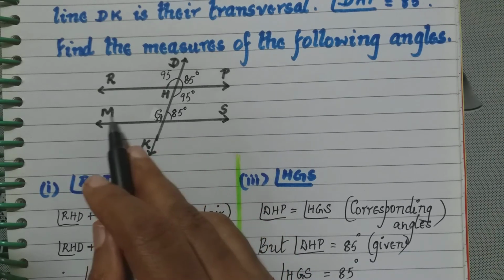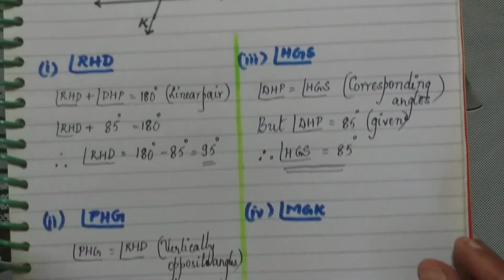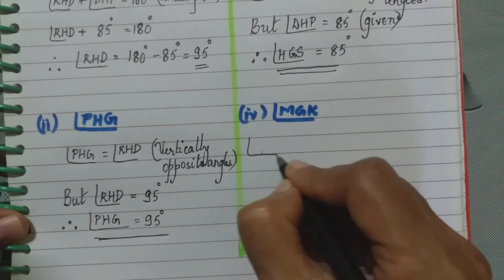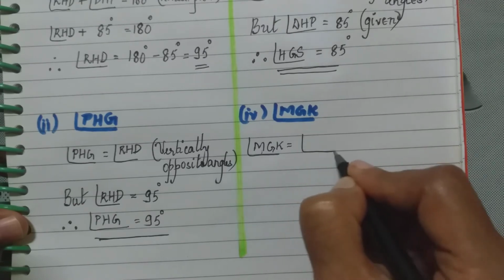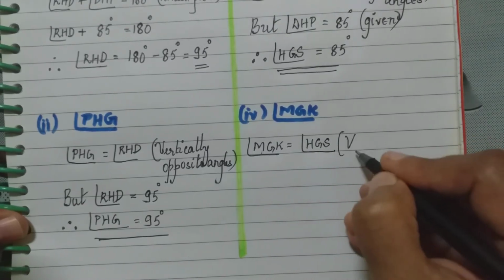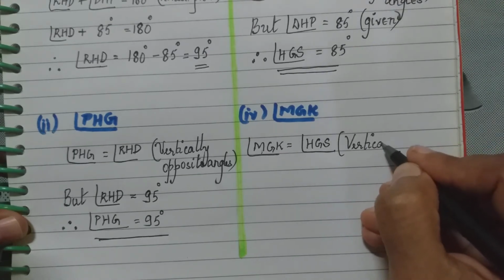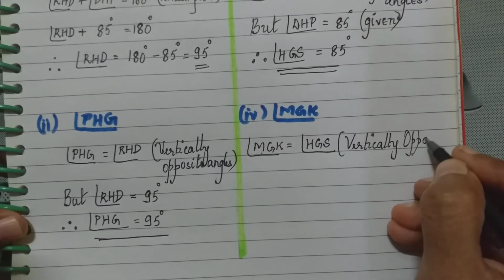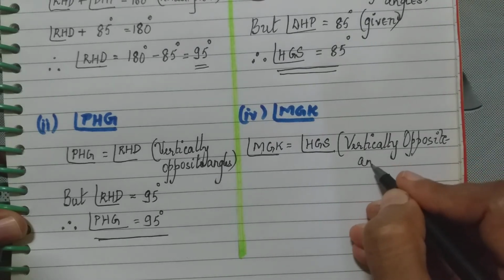So I can say angle MGK is equal to angle HGS because they are vertically opposite angles.